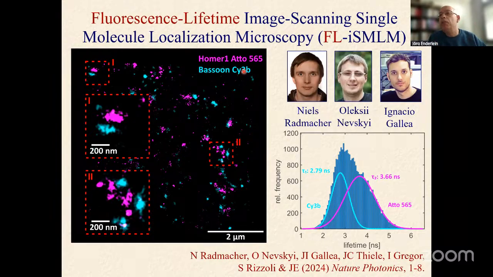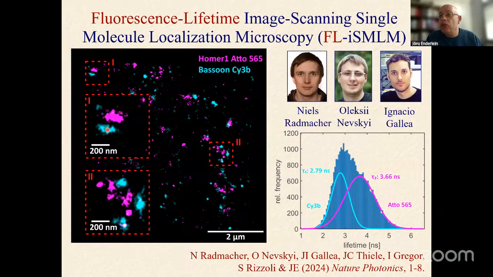The only distinction between them is the lifetime. So one dye, the Cy3b, has a lifetime of 2.8 nanosecond, and the ATTO has a lifetime of 3.66 nanosecond. As you can see, there is quite some overlap, but using a very clever Bayesian decision algorithm, we can easily distinguish between these different kinds of molecules.